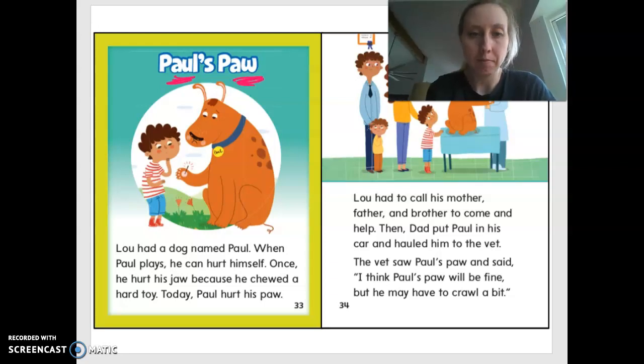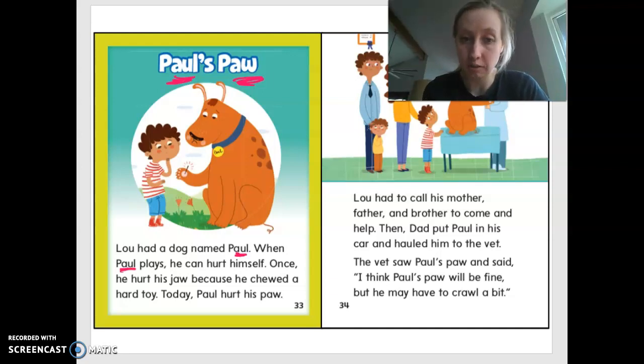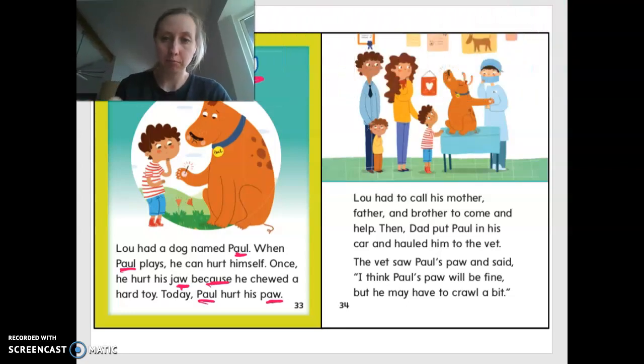Paul's paw. Lou had a dog named Paul. When Paul plays, he can hurt himself. Once he hurt his jaw, so that's his mouth, his jaw, because he chewed a hard toy. Today, Paul hurt his paw. Poor Paul.